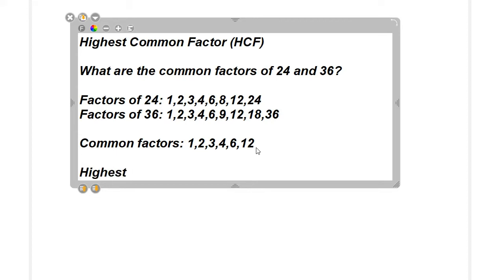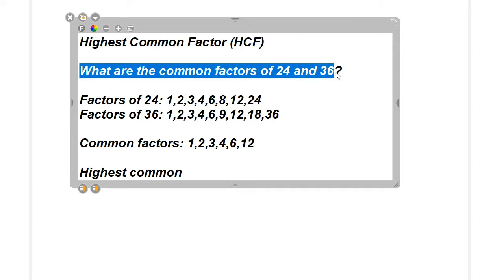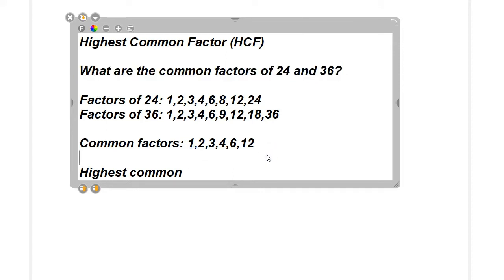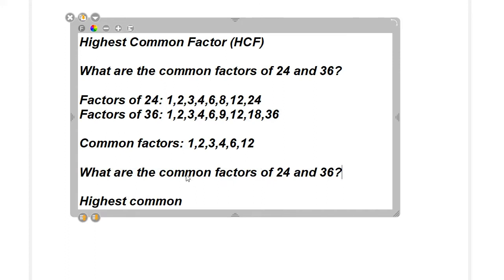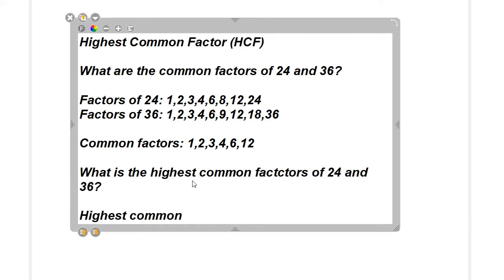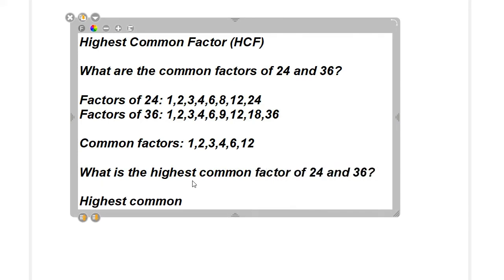So, the highest common factor. After we find the common factors of these, we will ask: what is the highest common factor of 24 and 36?